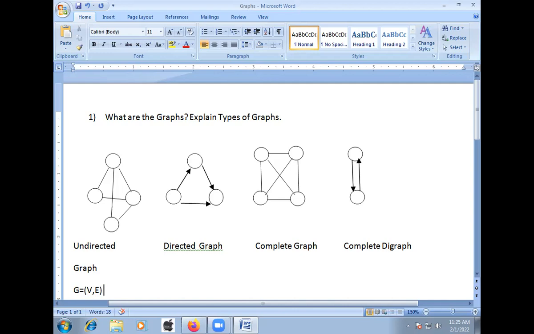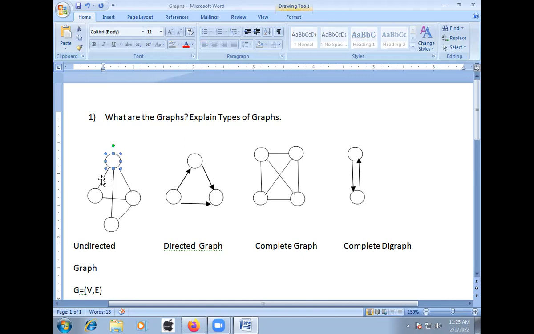Vertices are also called nodes or points. A very important viva question: vertices are also called nodes. A node is nothing but this, and the alternative name is points. And edges are called lines or arcs.